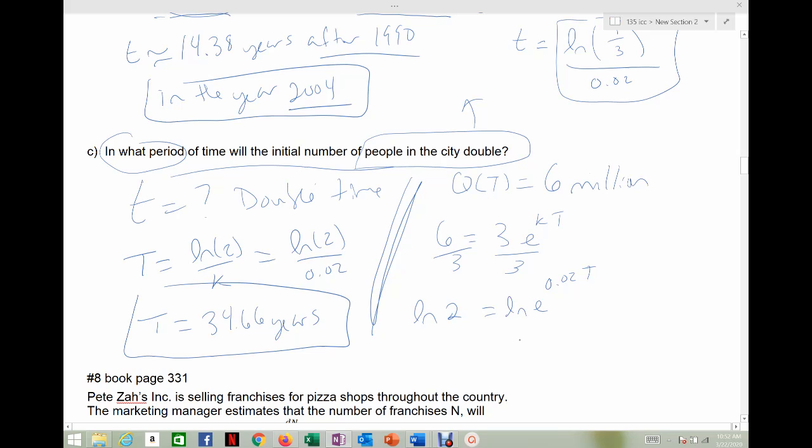When I go to solve this, you're going to end up with the natural log of 2 divided by our 0.02. All right, and so you get the same answer either way. So it's up to you. You can memorize this equation, or you could solve it like we did in the previous example. So you pick and choose which way you want to do it.